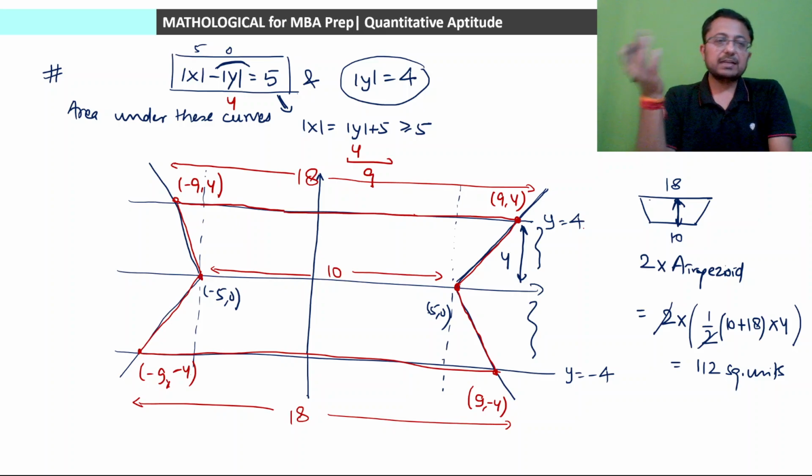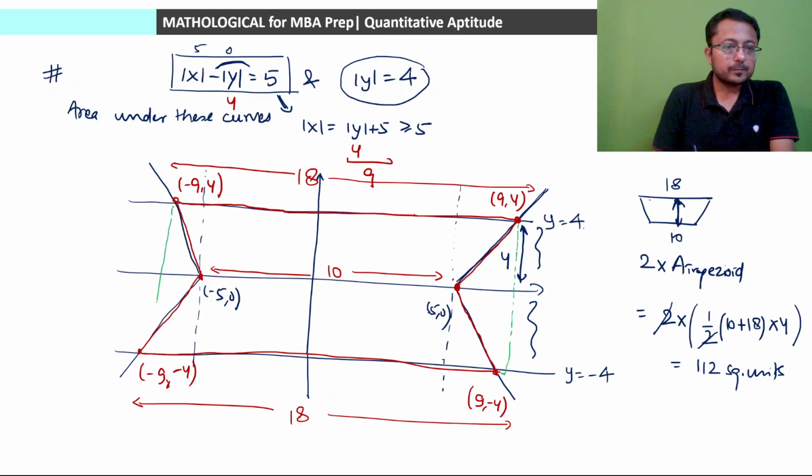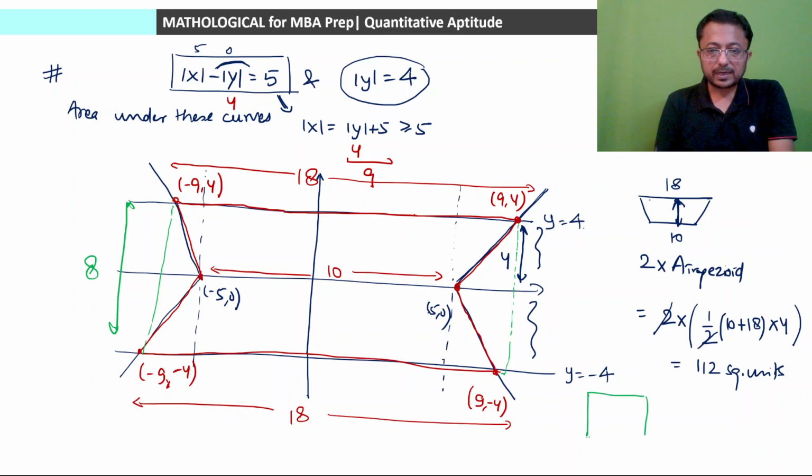Okay. Otherwise, what we could have seen is, instead of considering trapezoids directly, if you had joined these 2 points, this becomes a rectangle. This length is 8, this length is 18, so this becomes a rectangle. Consider the total rectangle, then subtract these two triangles. Area will be the area of the rectangle, that is 18 into 8, minus 2 times the area of the triangle.